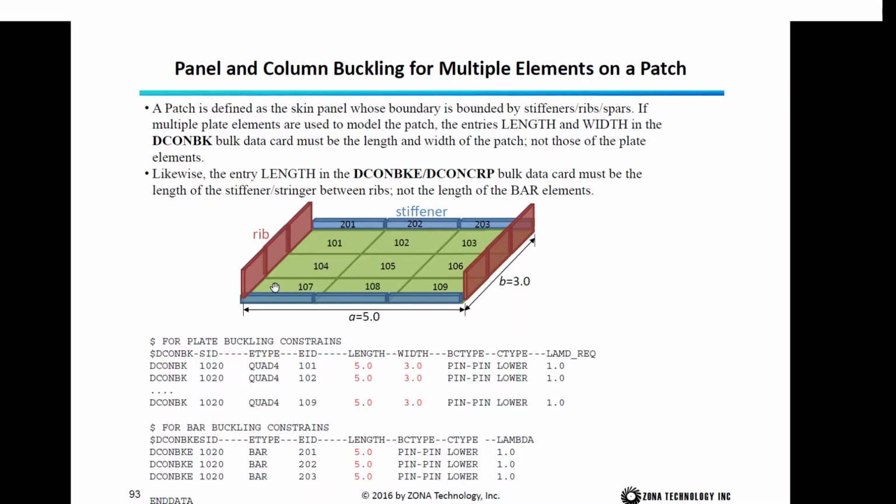Okay, not the length and width of individual elements. Likewise, if you want to impose the column buckling constraint on the stiffener, the length must be the length of the whole stiffened panel bay.